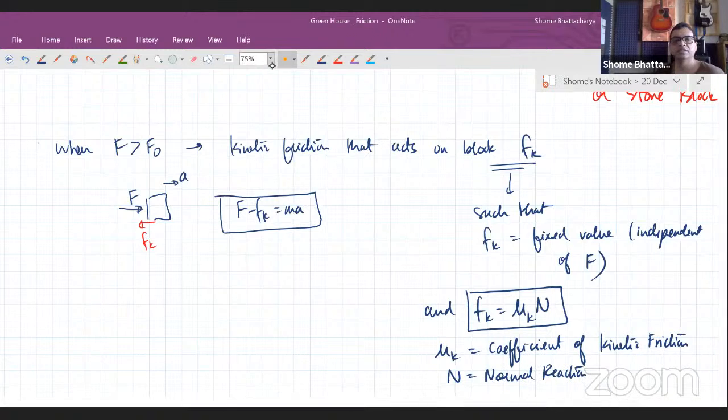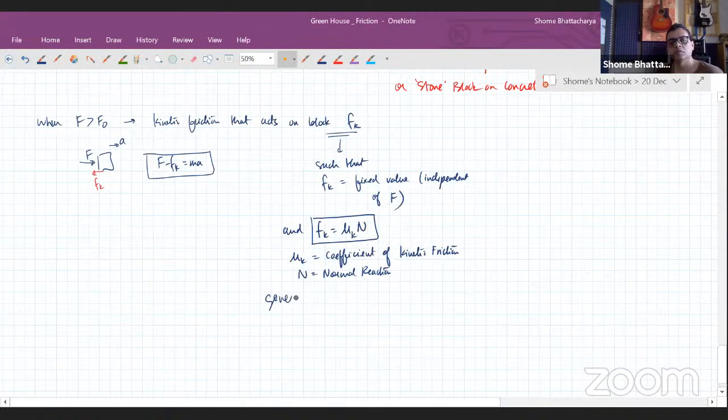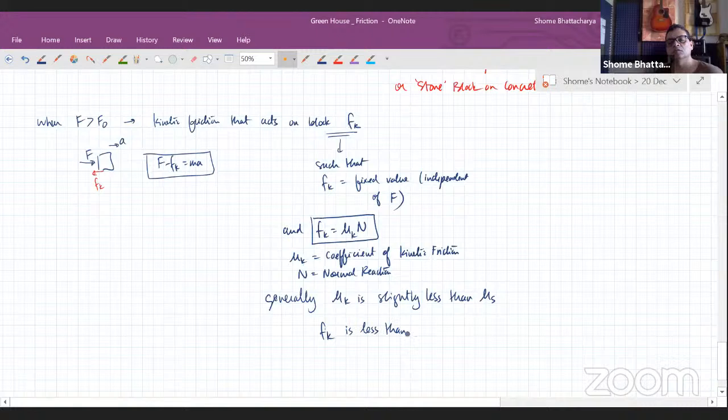And generally mu k is slightly less than mu s. So the value of kinetic friction is generally slightly less than the maximum value of static friction.